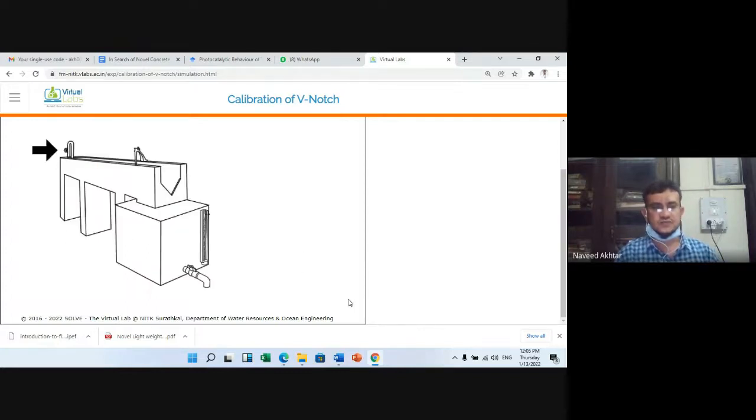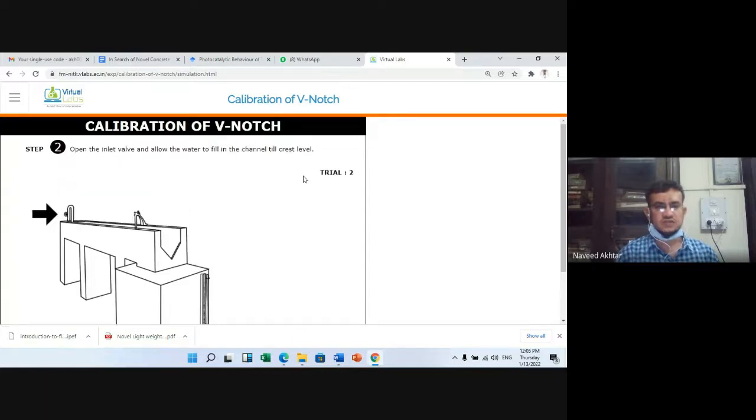Okay. So then you can go for the second trial. You can perform this experiment, write down your own readings in the notebook, and calculate the coefficient of discharge CD1, 2, 3, and then find the average CD for the rectangular and triangular notch.